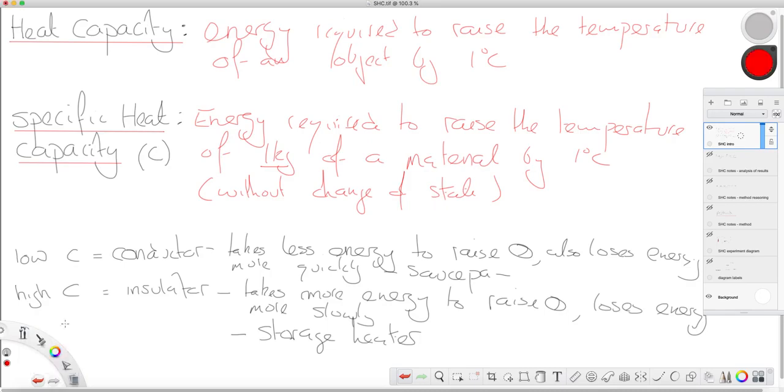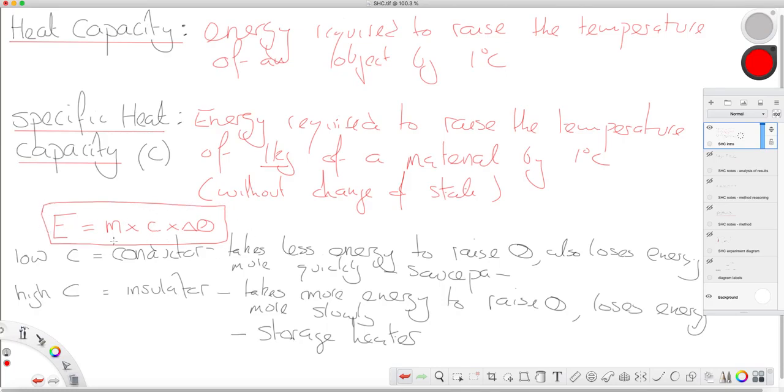Now what I haven't done here is the equation, and I should have done that. So let's look at the equation. The energy required to raise the mass, m kilograms, by a certain amount of temperature for a material specific heat capacity C, that is the equation you need to use.